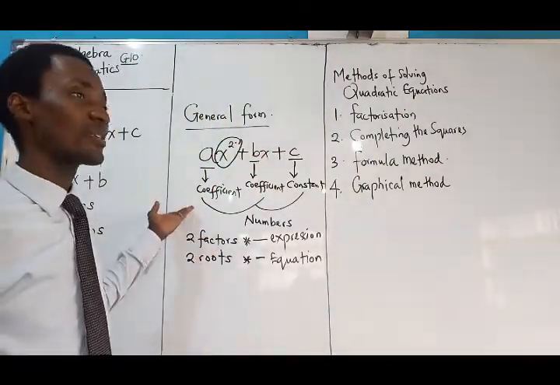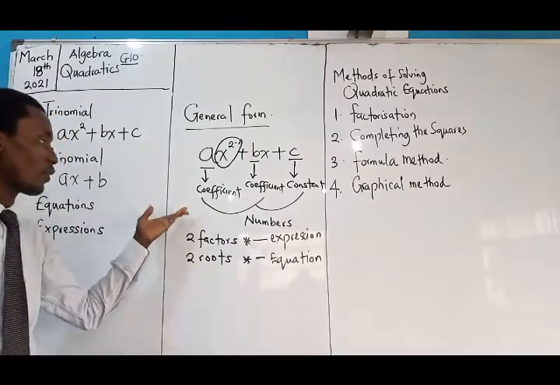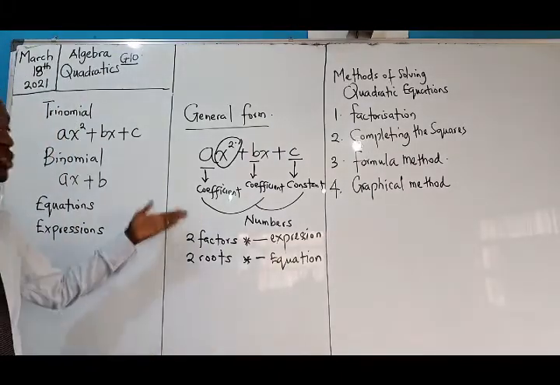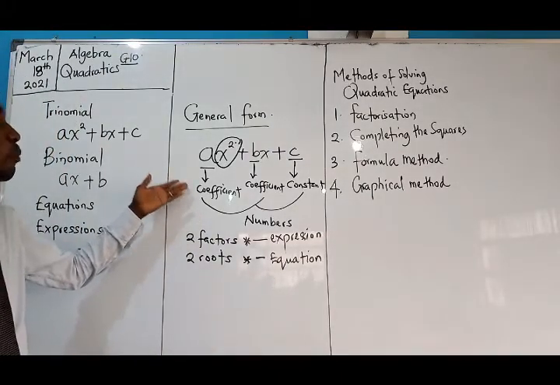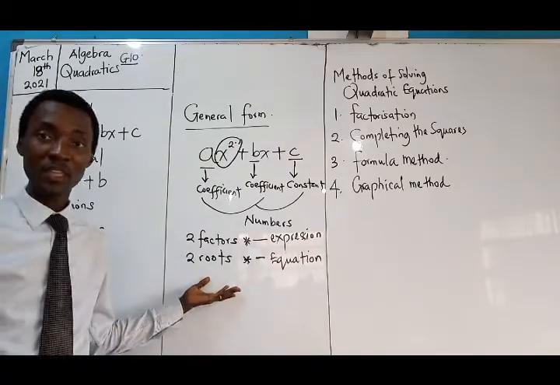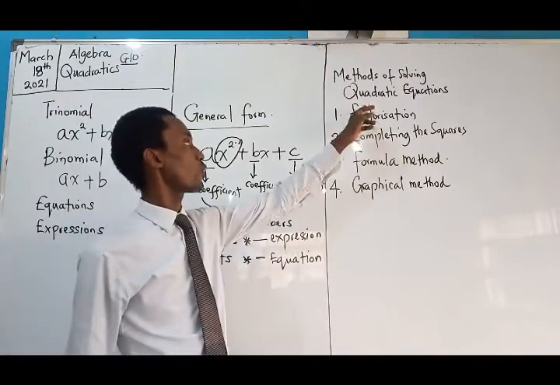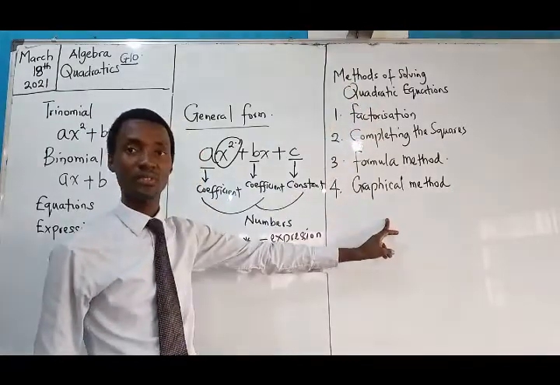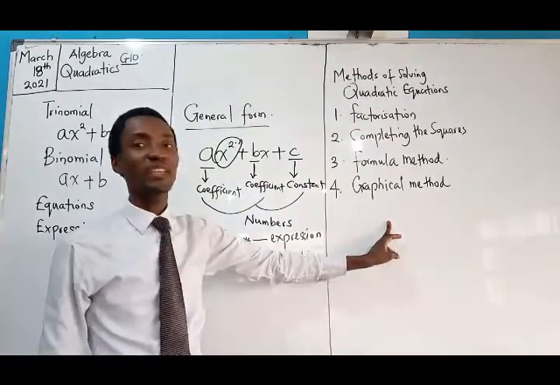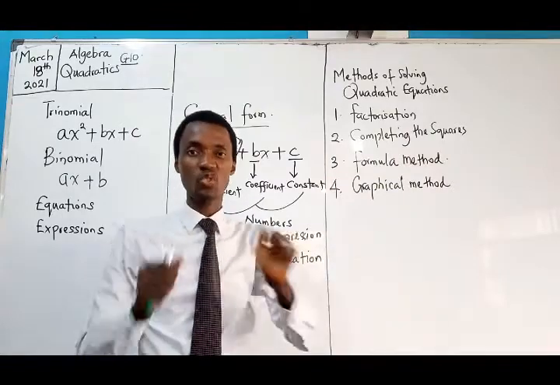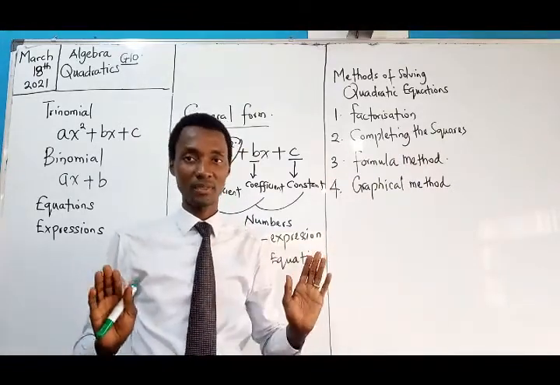Please and please, I always tell students, I have noticed over the years that students seem to run away from understanding this concept. If you don't understand this concept very well, you will find it difficult when it comes to quadratic equations, especially if you have an examiner that constrains you to a particular method.